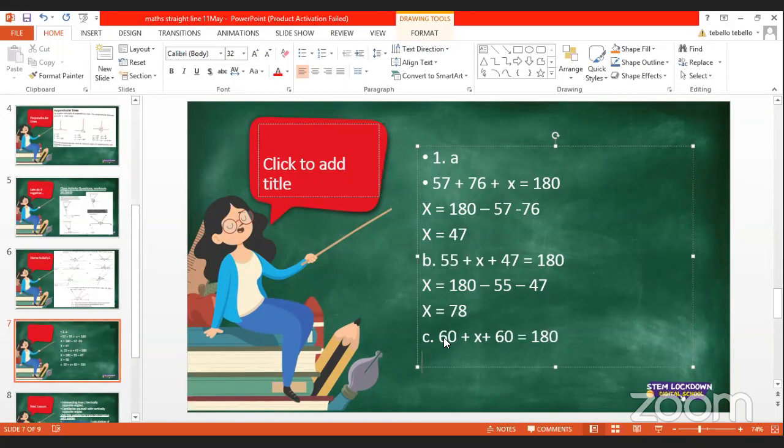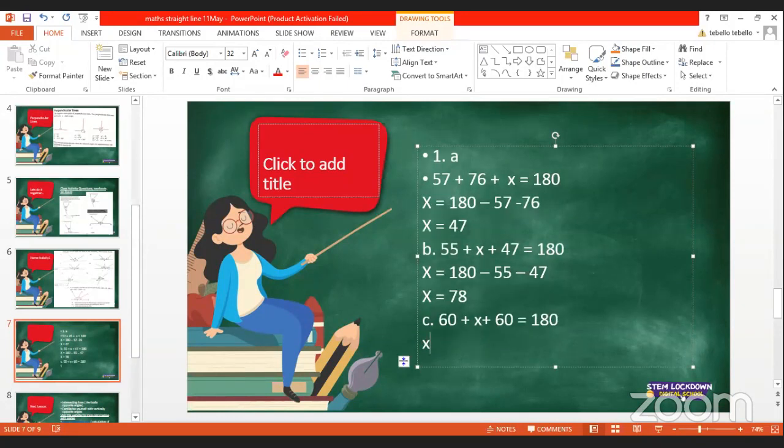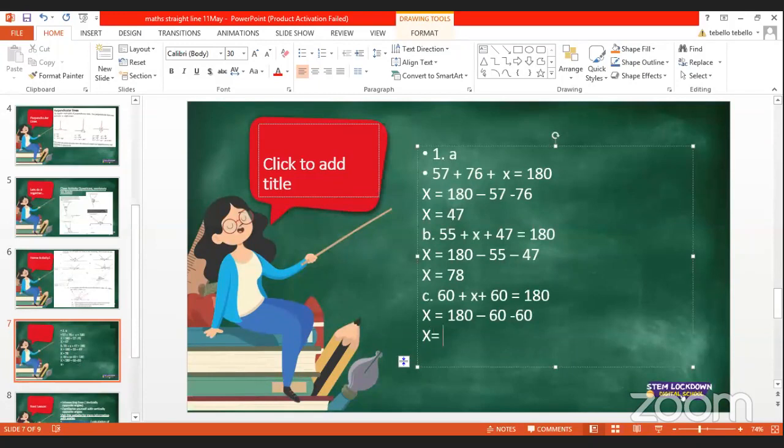And then we'll have our x equals 180 degrees minus 60 degrees. And our answer will definitely be 60 degrees. And most of you got it right. Congratulations. I'm so proud of you guys. You guys are so smart.